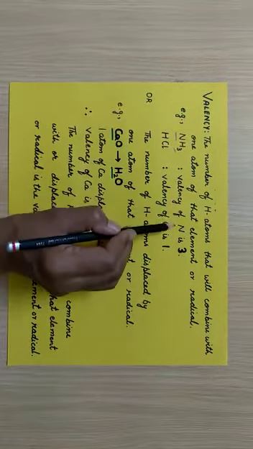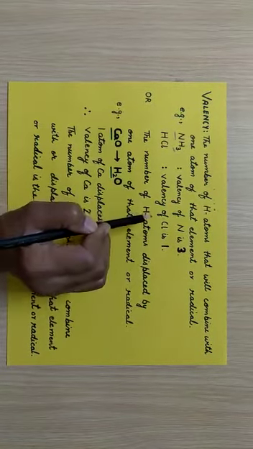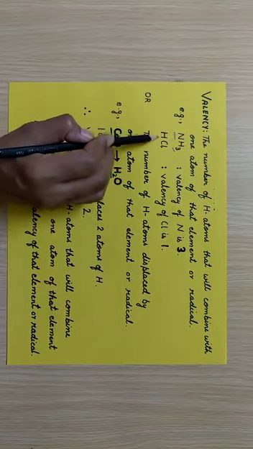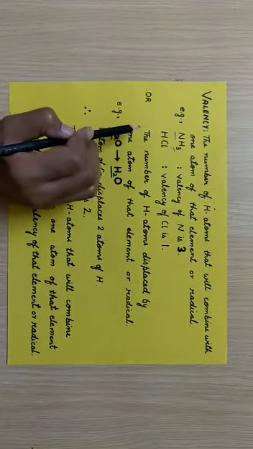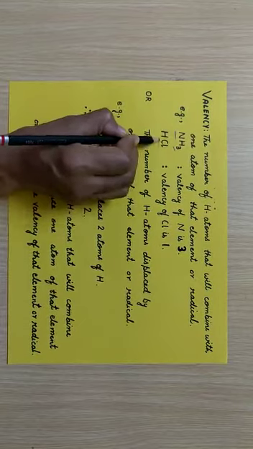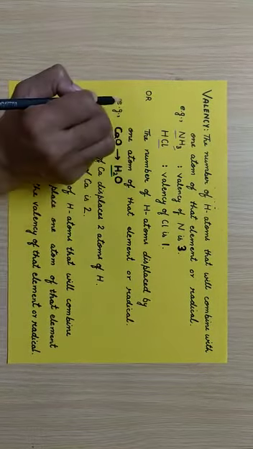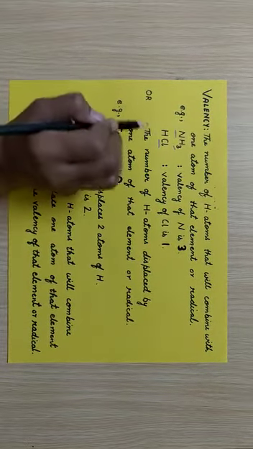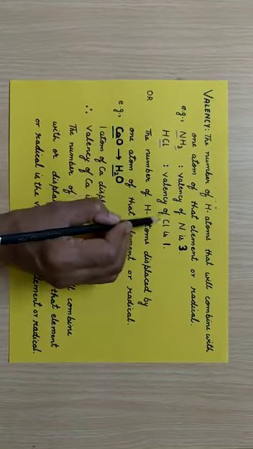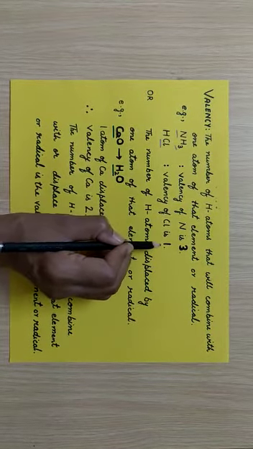That means the valency of nitrogen is 3. Similarly, in hydrogen chloride, that is HCl, one atom of chlorine is combining with how many atoms of hydrogen? 1. That means the valency of chlorine is 1.